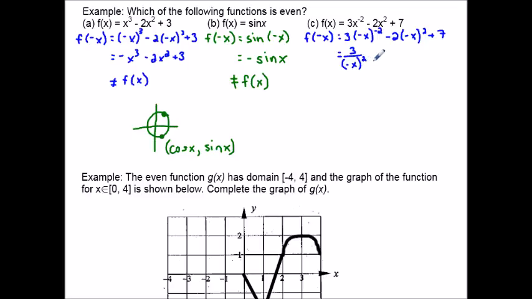squared minus 2 times negative x squared is just going to give me a positive x squared plus 7. When I simplify the denominator here, negative x squared will just give me 3 over x squared minus 2x squared plus 7.